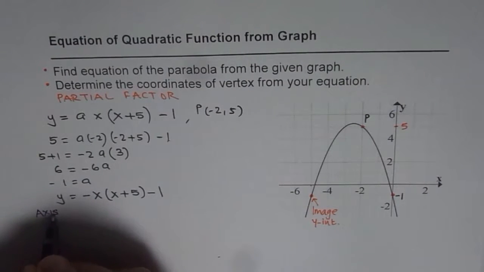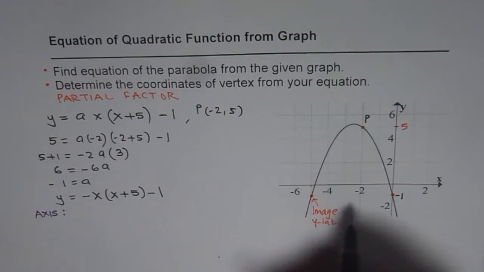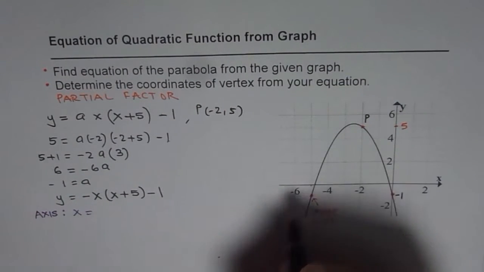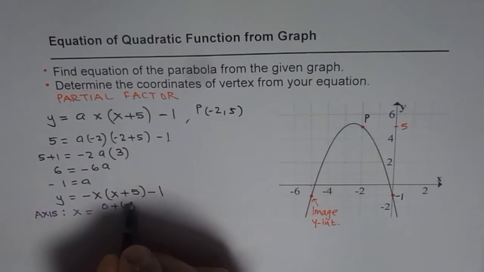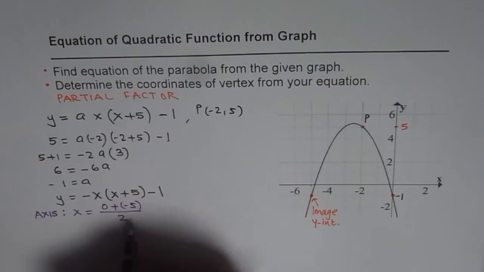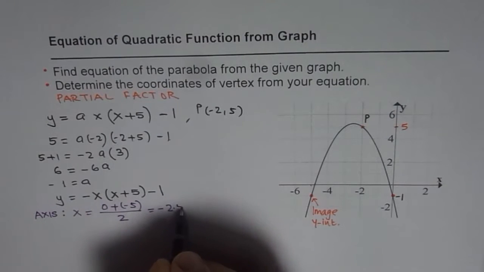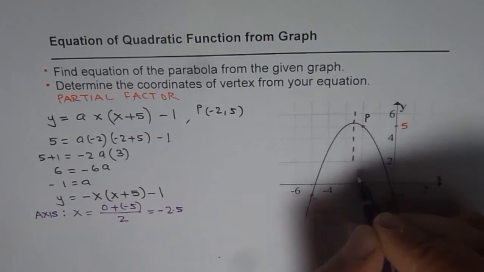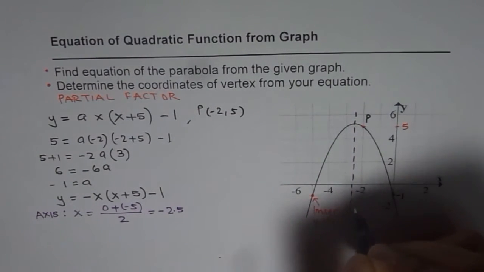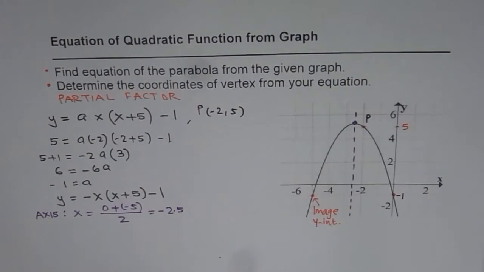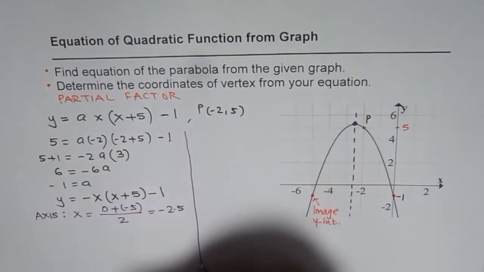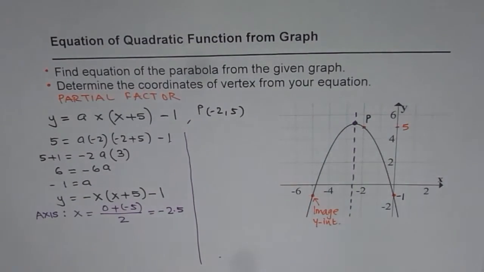The axis of symmetry will be at x equals, this point is at 0 and this point is at -5, so 0 plus -5 divided by 2, which is -2.5. So we have the axis of symmetry here at -2.5. Let me draw this line here. We know that the vertex will lie on this line, so we can substitute -2.5 and find where the vertex should be.